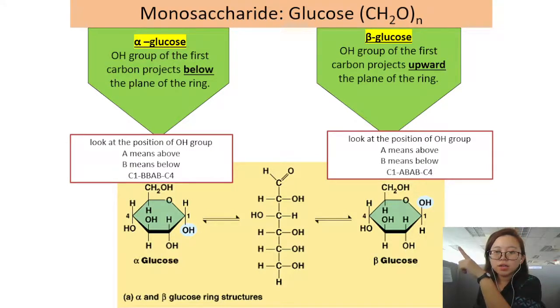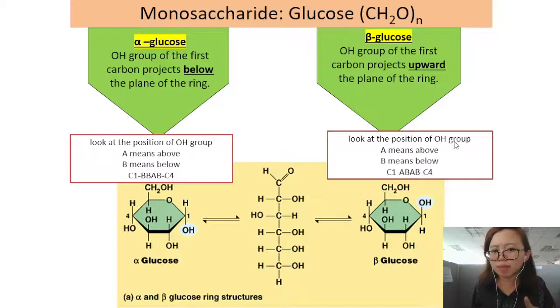So carbon 1, atas, bawah, atas, bawah, atas, bawah. Carbon 1, A, B, A, B. Carbon 4. Okay, so that's how you see the difference between alpha glucose and beta glucose.